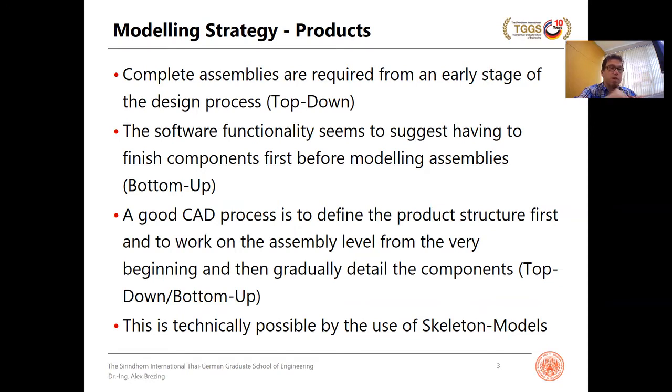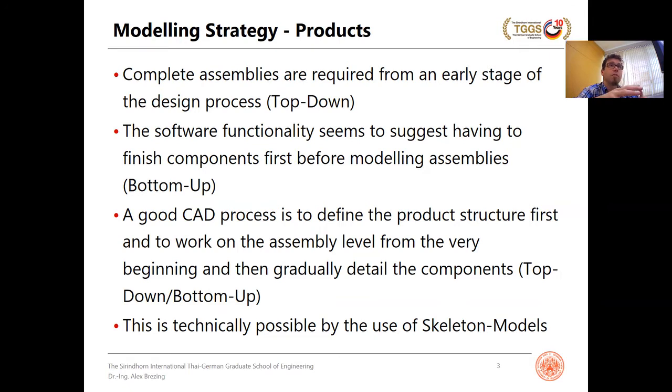How can we start with an assembly very early on in the CAD design when we don't have the finished parts? And then when we have an assembly early on, we can then work on the components later on and keep on detailing them, but they're already in the assembly. So we can always switch between the parts, which we're detailing in the assembly view, where we can check how the design is working.